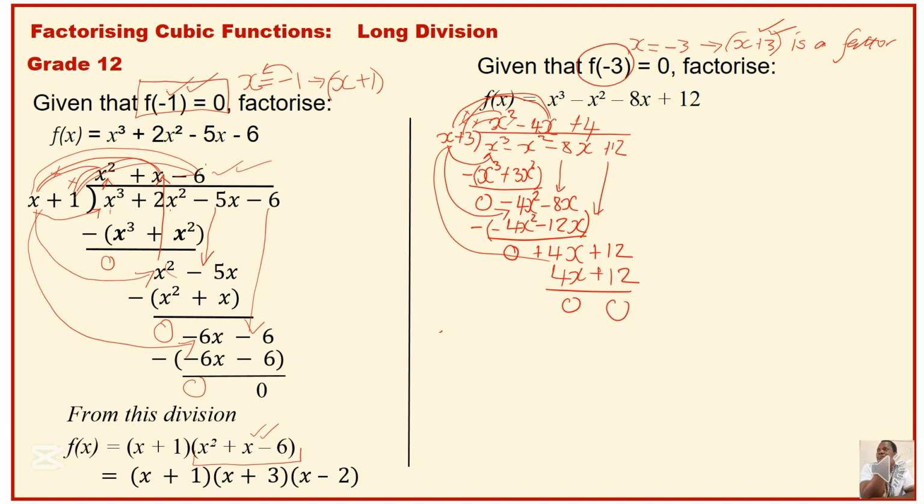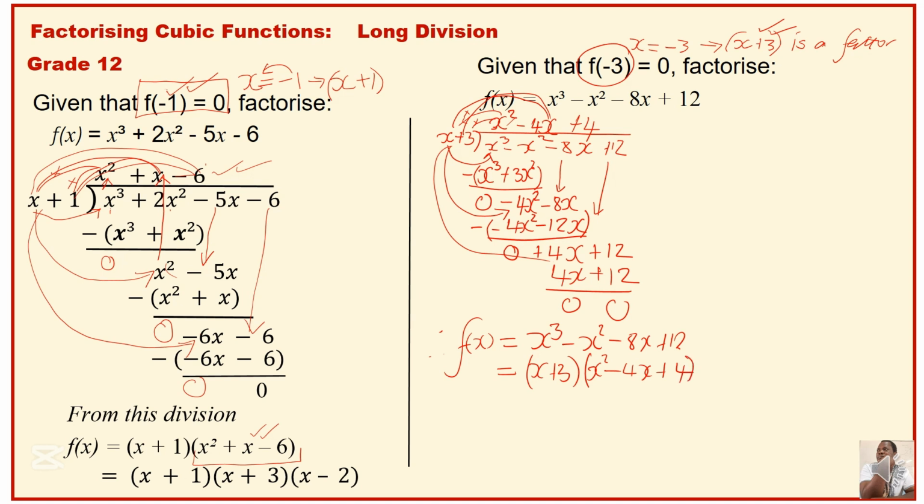So then I can say, therefore, f of x, which is equal to x cubed minus x squared minus 8x plus 12, is basically equal to the first factor that we have used there, which is x plus 3, and then factor of the answer that we got on top there, which is x squared minus 4x plus 4.